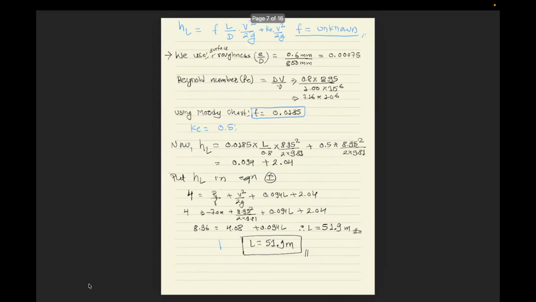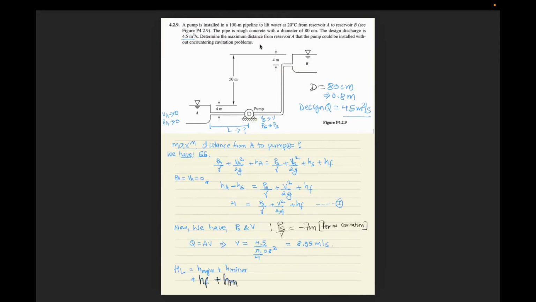So this gives us this Darcy equation, plus K plus V squared by 2g for minor head loss. So we know V, we know L, D, we know everything except F. F is unknown. So what we can do is use the surface roughness, which is E by D, for a round pipe of rough concrete.